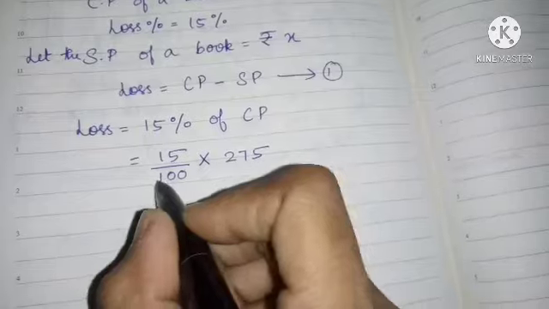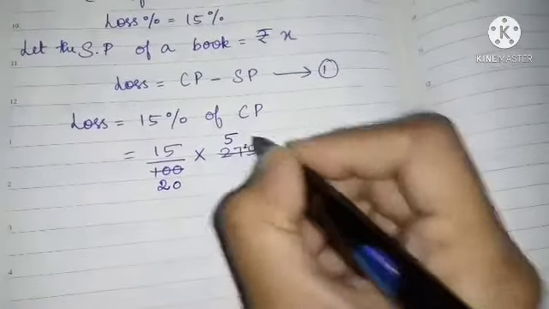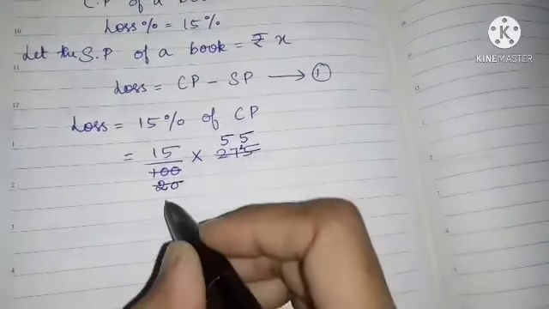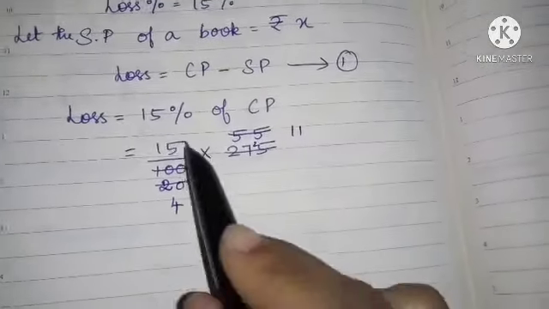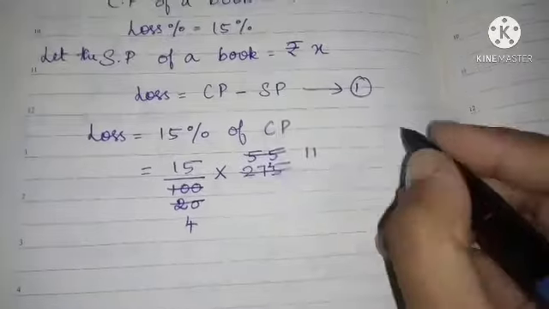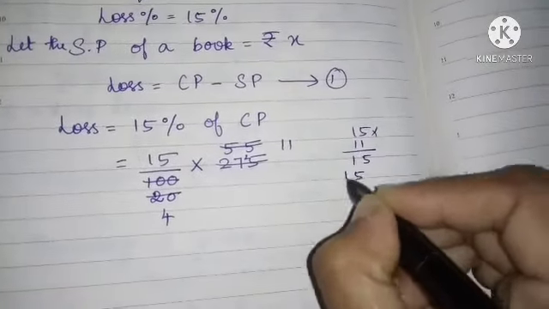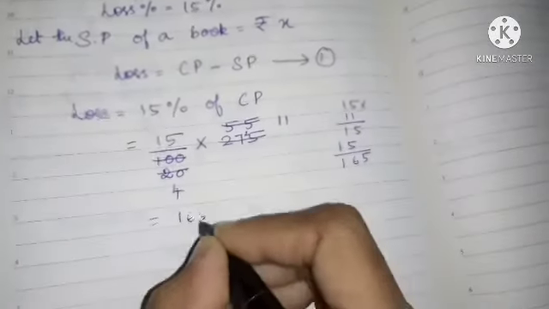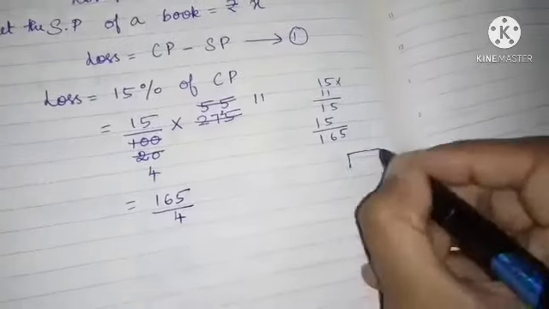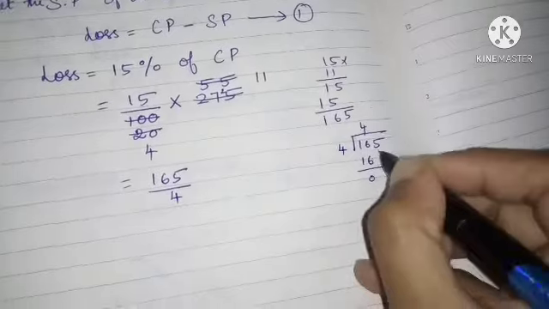Can we cancel this in 2 table? Not 2 table, 5 table. 5 2s are 10, 0. 5 5s are 25, 2. 5 5s are 25. In 5 table, 5 4s are 20, 5 11s are 55. Okay. 15 into 11 is 165, divided by 4. 4 4s are 16.